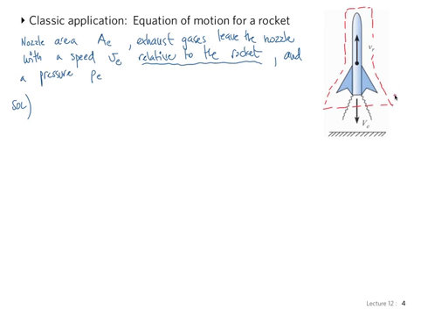Here's my control volume. In the most general case, we could have some drag force. Let's write a drag force here, D. We also have the weight of the rocket. And we have some pressure force, because we've said there's a pressure which is not zero.